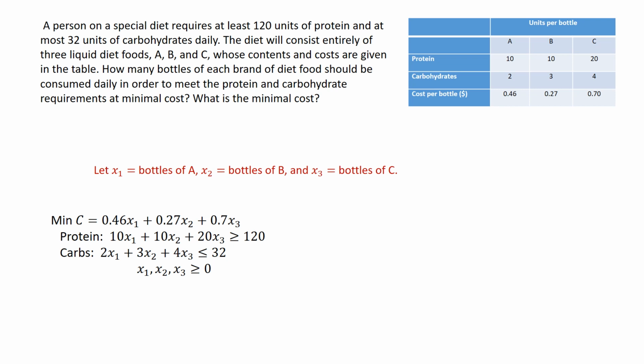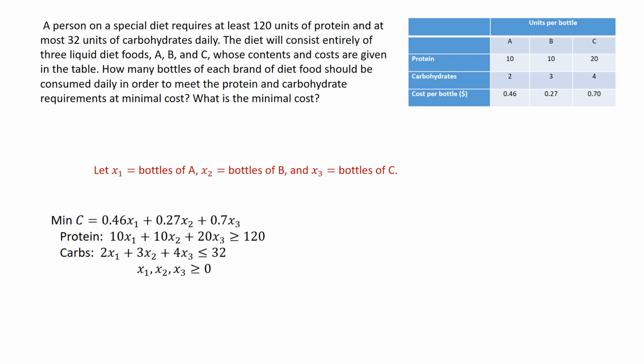We're told that the person can have at most 32 units of carbohydrates daily, so we're going to need a carb constraint as well. So that's going to be 2x1 plus 3x2 plus 4x3 less than or equal to 32. x1, x2, and x3 will be non-negative because they cannot consume a negative number of bottles.